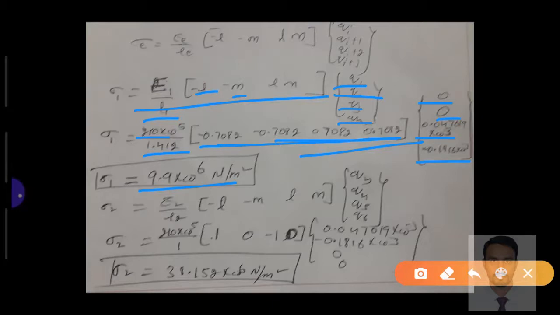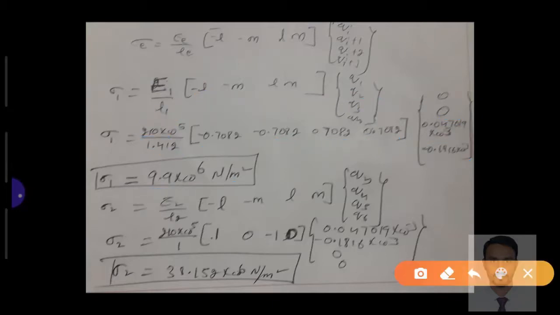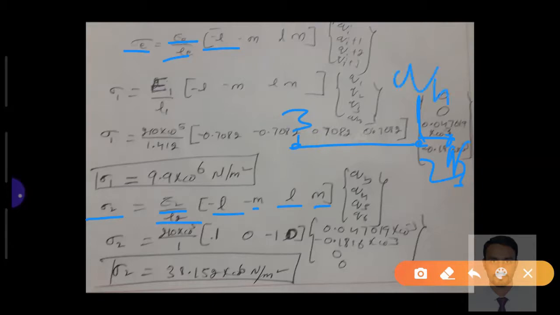Then similarly for element number 2, take down element number 2: sigma 2 = E2 over L2 times minus L, minus M, L, M. The element starts from node number 2 and ends at node number 3. So here we have Q3, Q4, Q5 and Q6.